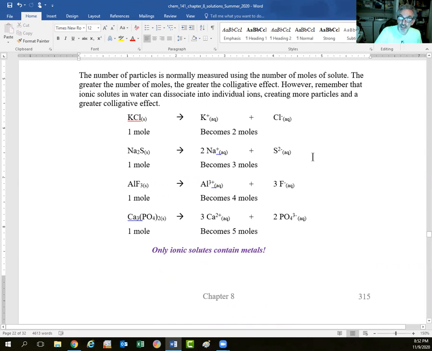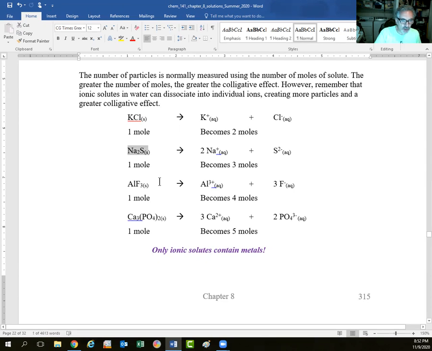Just as we saw with the electrolytes, ionic compounds dissolve in water and dissociate into individual ions. And so we're increasing the number of solute particles. You could take 1 mole of potassium chloride, but that breaks down into potassium ions and chloride ions, so we create 2 moles of electrolytic particles.